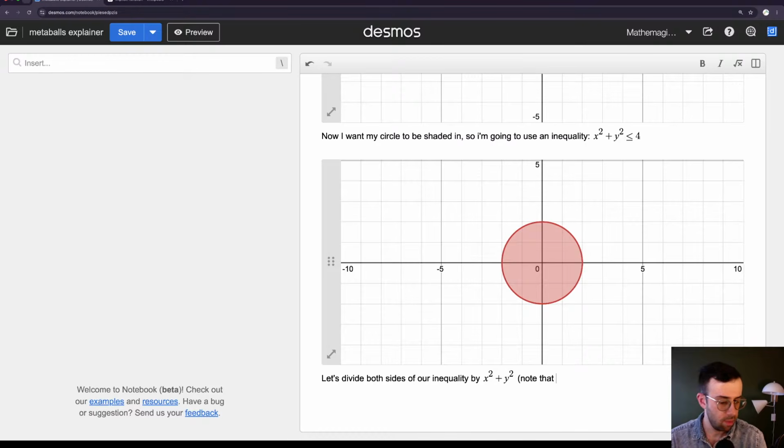No, I'll do it. Note that we are allowed to do this, I don't know if this is formal terminology, because x squared plus y squared will never be 0, or else we wouldn't have a circle. Let's just check that.